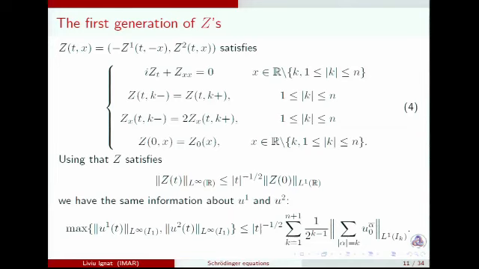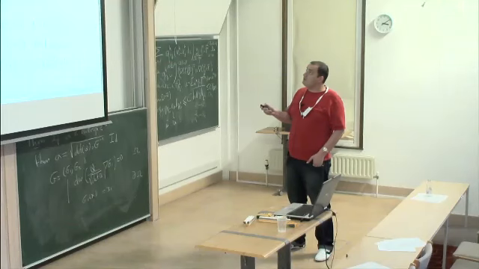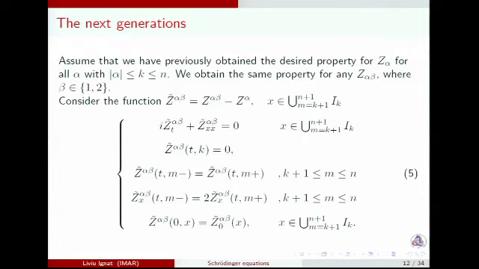And after that, we have to make an inductive argument. This means that, for example, assume that we have proved t^(-1/2) decay for z until the generation k. And we go to the generation k plus 1 by just considering, for each alpha fixed, another beta, which in our case is 0 or 1. Now, you consider the difference between the two on the common interval, where both of them are defined, and you have to write carefully the equations.